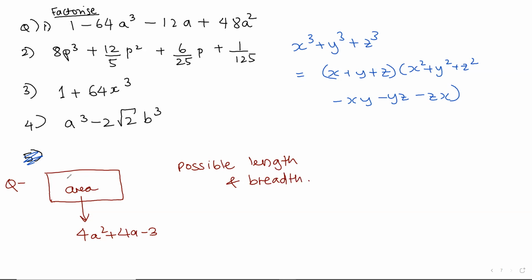So Hamna, did you understand how we can do this, the rectangle question? Let me repeat the question. So there's a rectangle, and its area can be given by the expression 4a square plus 4a minus 3. My question to you is, what are the possible expressions for the length and breadth? Did you understand the question?